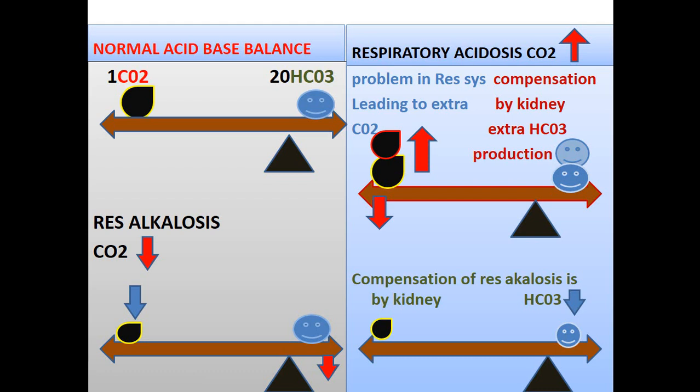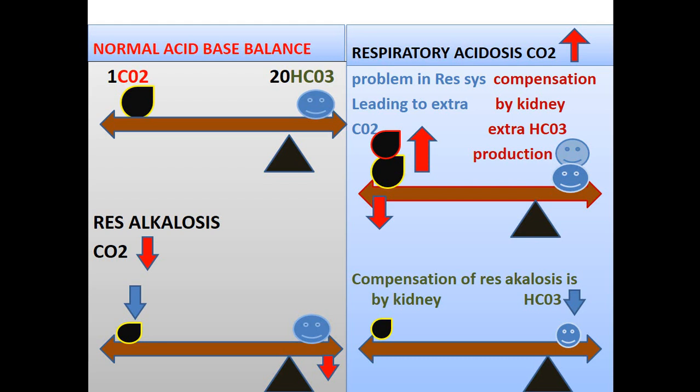Now at this point you must understand one thing. If both systems are normal, like the kidneys are normal and your respiratory system is normal, but still you have acidosis, like metabolic acidosis produced in diabetic patients, that is known as diabetic ketoacidosis. Whenever there is uncontrolled diabetes, there is excessive utilization of fat, and ketone bodies like acetoacetic acid and acetone are produced, and they will lead to acidosis.